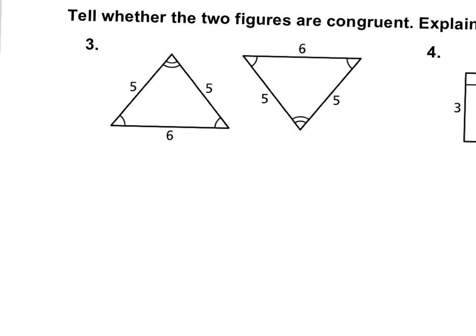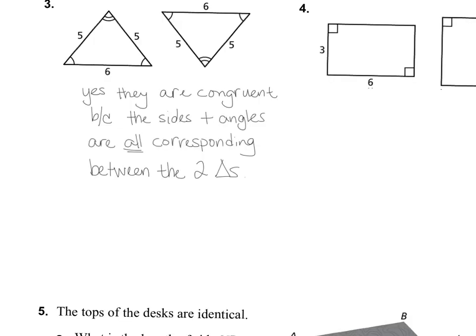So the sides are the same. They are corresponding. This side corresponds to here. 6 corresponds with this side, which is 6 as well. Now for the angles, we have this angle at top corresponds to this angle. This angle right here corresponds with this one, and this angle corresponds with this one. So we can conclude that yes, they are congruent because the sides and angles are all corresponding between the two triangles.